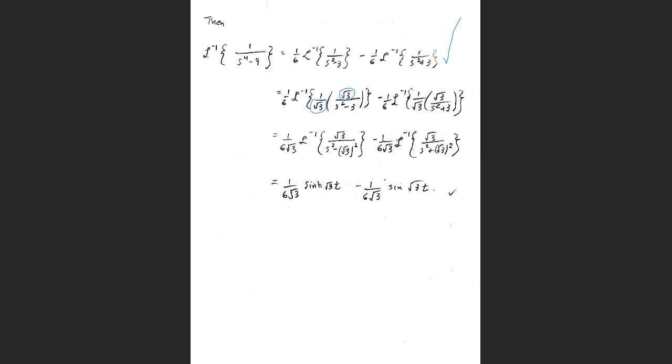Root 3 over root 3 equals 1, so I'm not changing the expression. I'm just rewriting it, doing a little mathematical plastic surgery on it, rewriting both inverse Laplace transforms so that we get them in the form that will agree with our table.